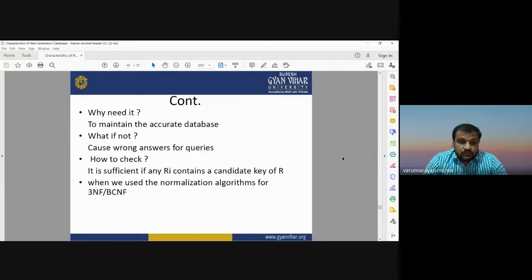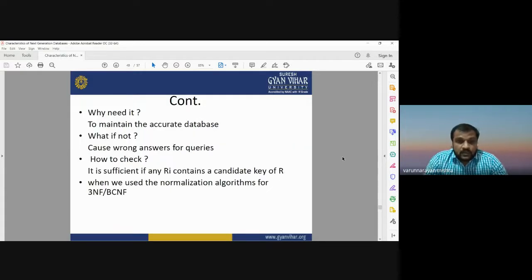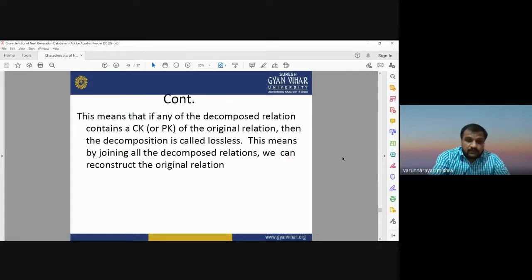Why do we need to perform lossless decomposition? Because of maintaining an accurate database. To maintain an accurate database, we work on the decomposition, and a lossy one can cause wrong answers for queries. And how to check? It is sufficient if any Ri contains a candidate key of R when we use the normalization algorithm for 3NF and BCNF.